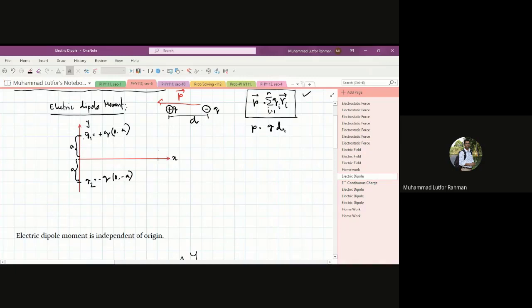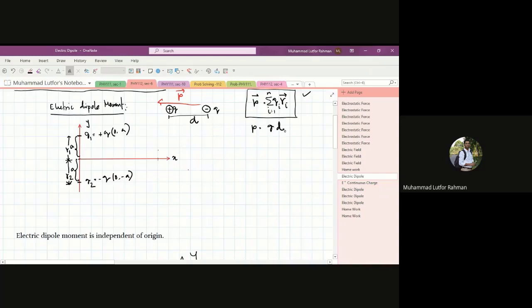Now say I want to represent that by vectors. For simplicity I don't have to, but I am going to do that so that you can understand. So this distance is R1 from the origin, and this distance is R2 from the origin.